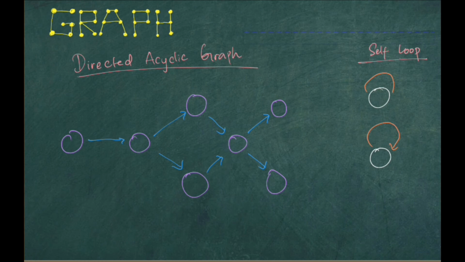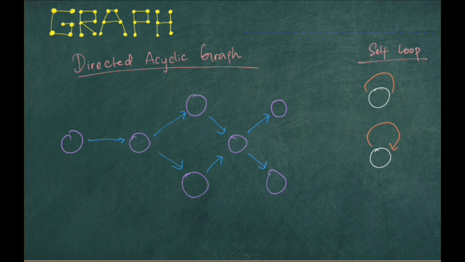But the question is, why would we ever have a self-loop in a graph? Well, sometimes edges depict some relationship or connection that's possible with the same node as origin as well as destination, and then we can have a self-loop.